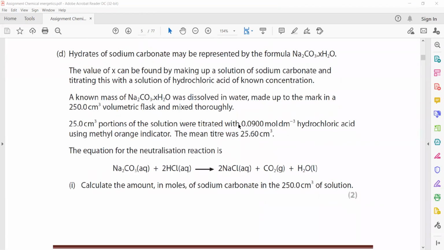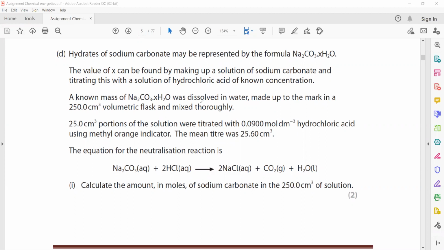Moving on to the next question. Hydrates of sodium carbonate may be represented by the formula Na2CO3·XH2O. The value of X can be found by making up a solution of sodium carbonate and titrating with a solution of hydrochloric acid of known concentration.